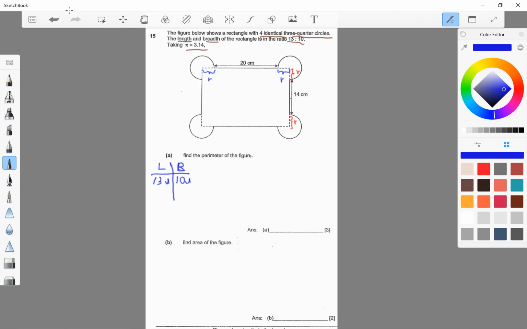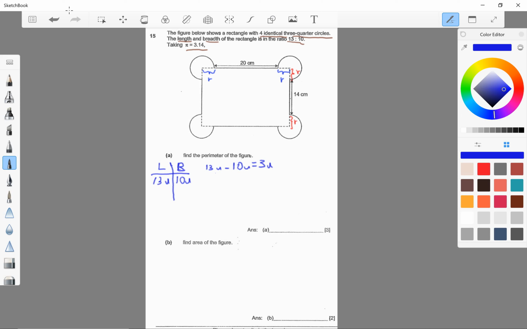So you'll be wondering, what is 3 units exactly? Since both the length and the breadth have 2 radius, 13 units subtract away 10 units will just be 3 units.